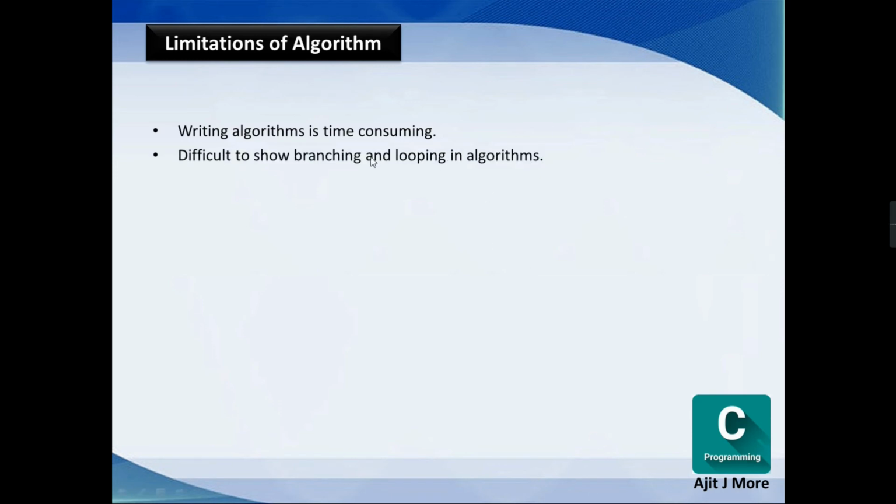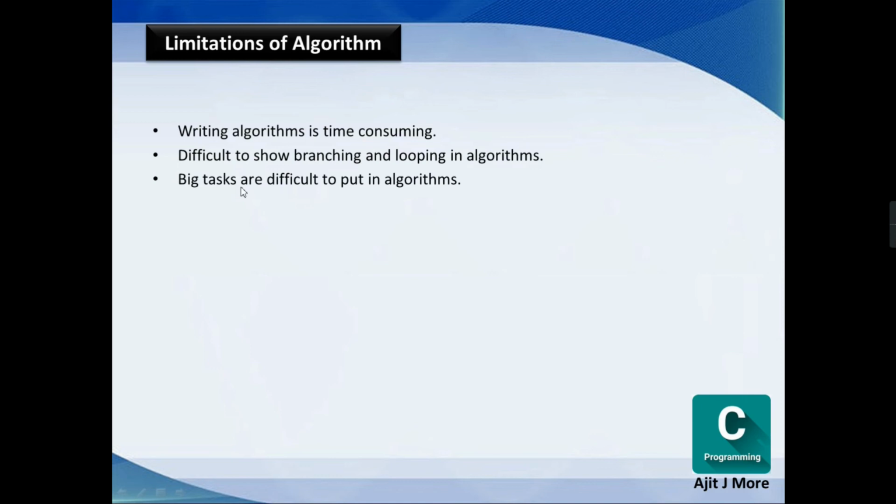And only writing an algorithm is not sufficient. Ultimately, you have to convert it into a program. So there's no excuse. Once you write an algorithm, finally you have to convert it into a program. Getting it? So writing an algorithm, as I said, is time consuming, difficult, not that easy to show branches and loops.